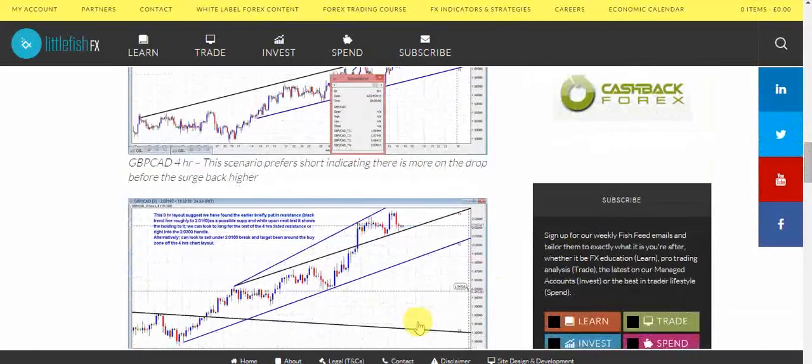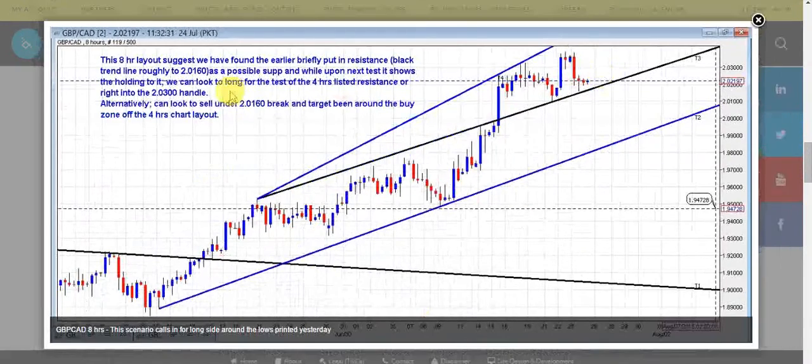And if not, if this is holding, this 8 hour layout suggests we have found the earlier briefly put in risk. This is just a briefly put in risk. You got a resistance and immediate break, so not too much testing. So the put in risk black trend line at roughly 2.0160 is a possible support upon the next test.